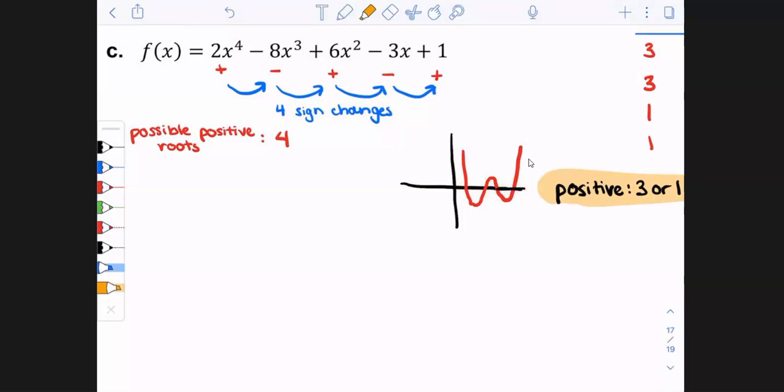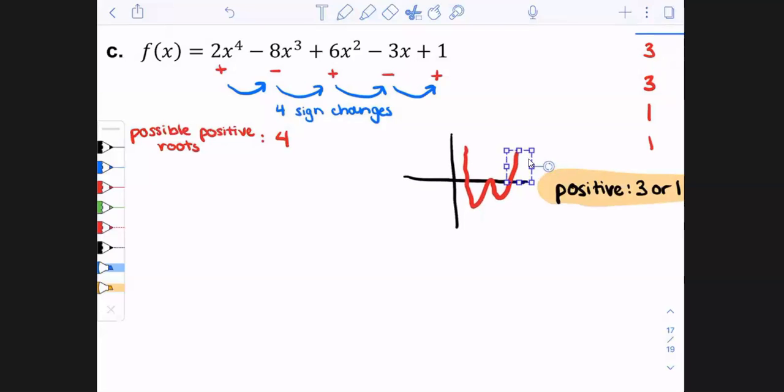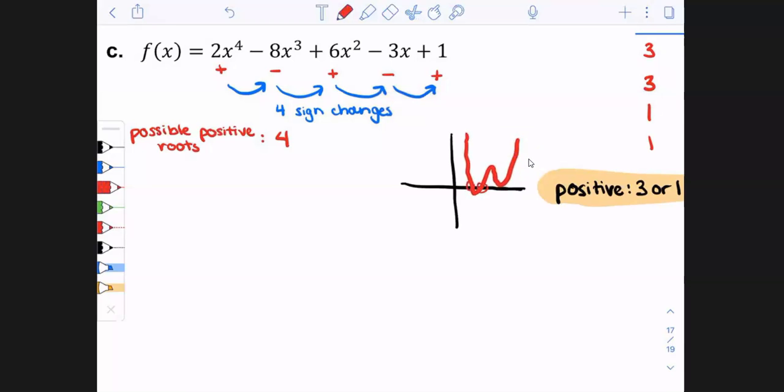Or, let me draw this. Okay, so this is our 4 positive. Or this just passes through like this, right? And then we only have a possible root here and here.